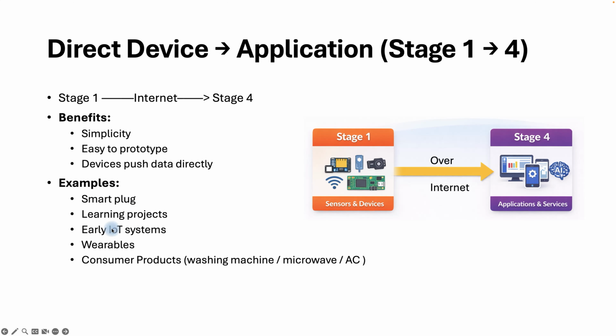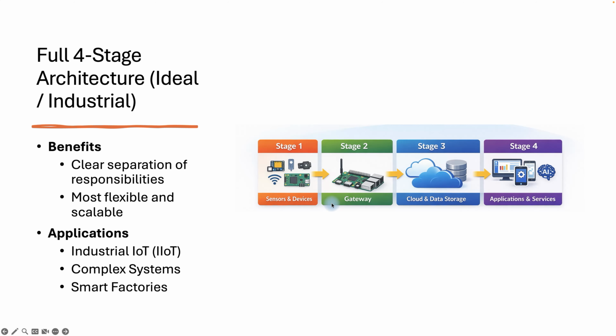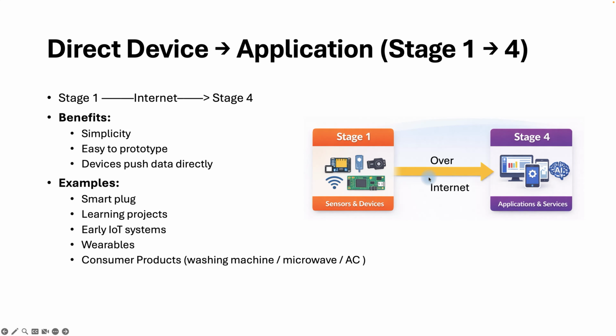Then there are simple learning projects that you can create, or early IoT systems, or basically prototyping systems. Even if you are going for a complex system, the prototyping can start with this architecture. Wearables and most consumer products: if you are purchasing an air conditioner which markets itself so that you can turn it on before going home, then it is basically this direct device to cloud and application architecture.